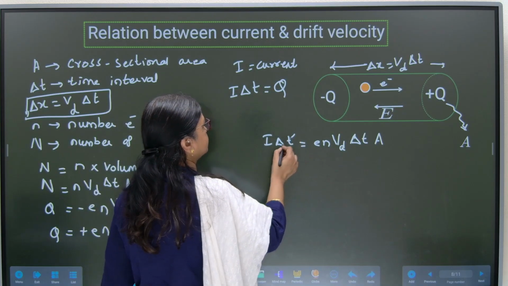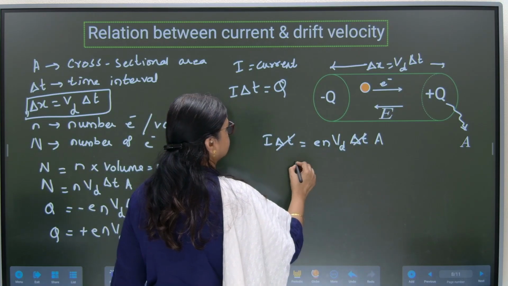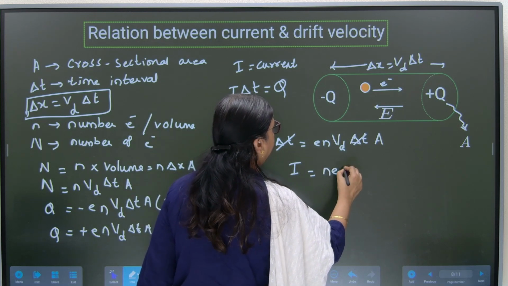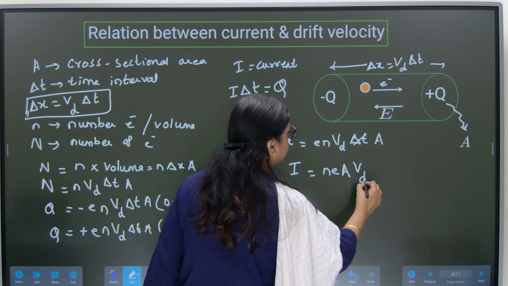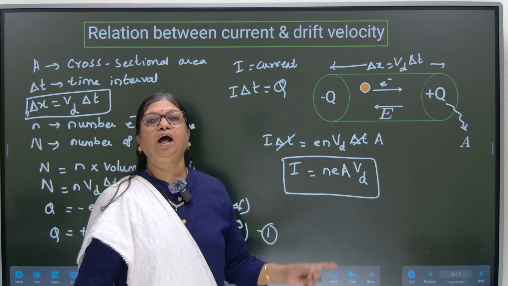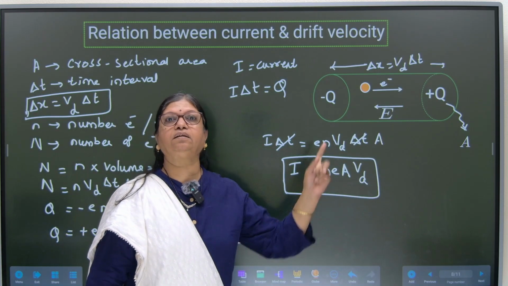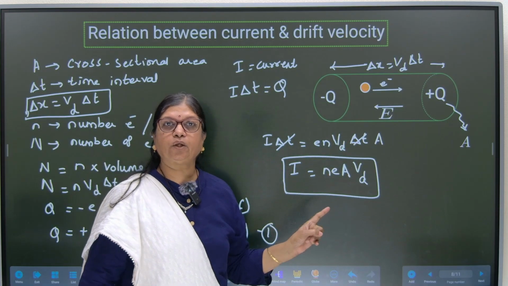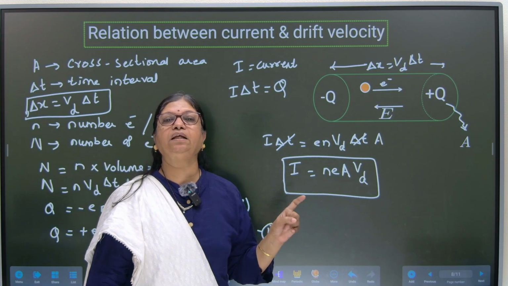Now let us cancel delta t on both the sides such that we get I is equal to n e A Vd. So we have I, the current in the conductor, related to Vd by this equation: I is equal to neAVd.